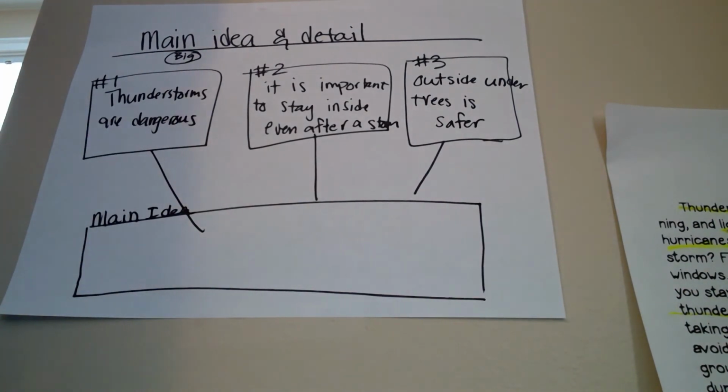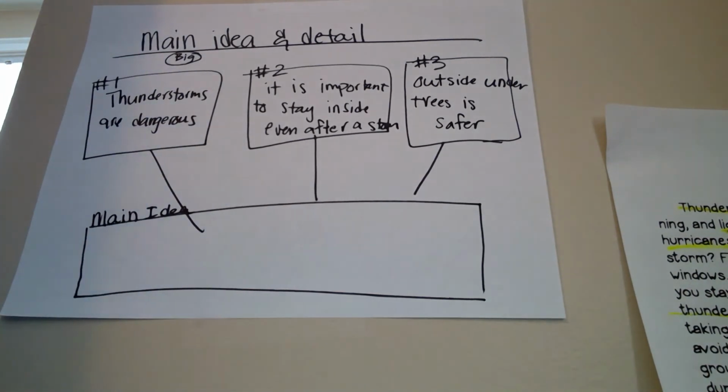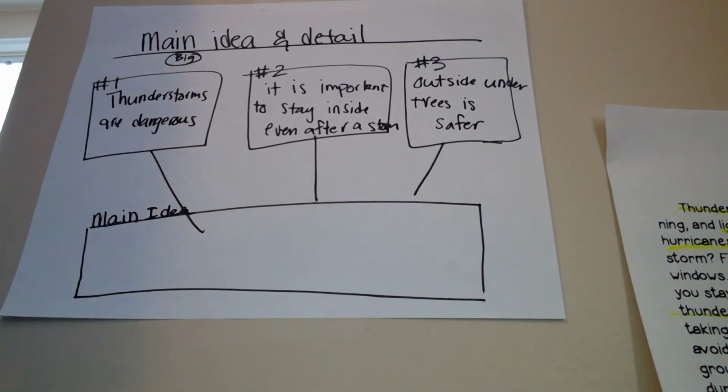Now I need to start thinking about each of these pieces and see how they're tied together to a main idea. So I know that thunderstorms are dangerous. I know it's important that I need to stay inside after a storm to stay safe. And if I'm outside, I need to stay under a tree to stay safe.